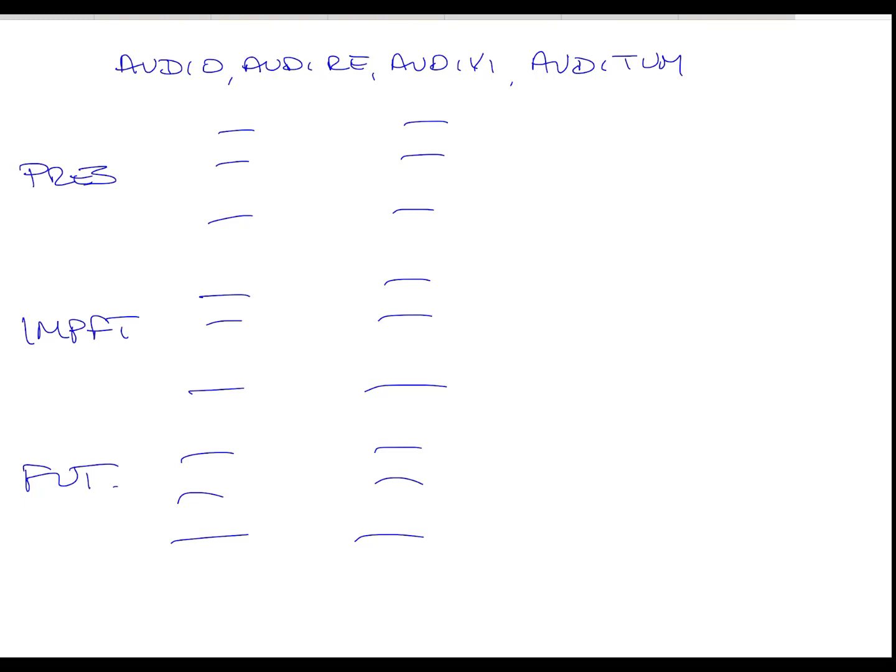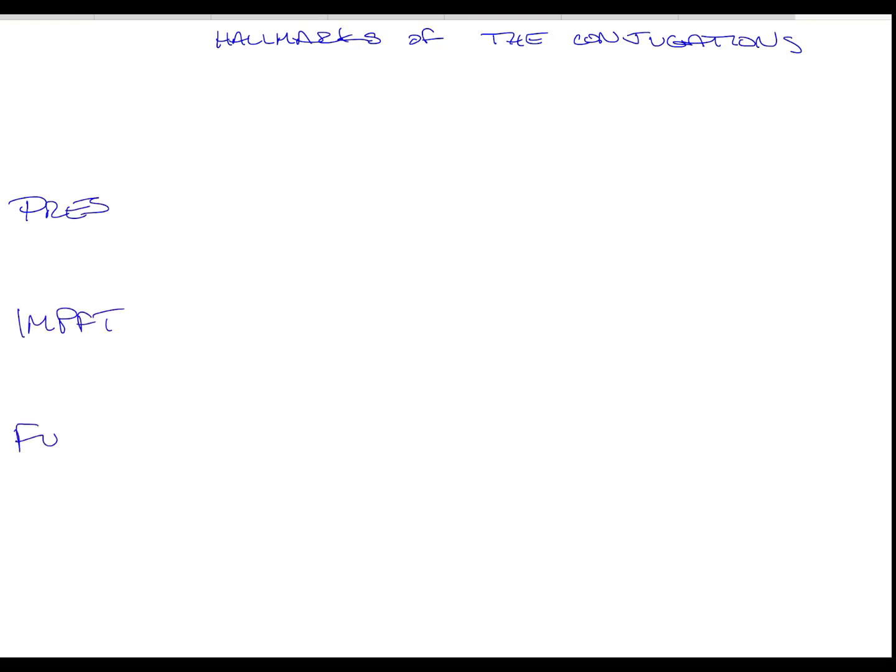Let me do one more thing then. I don't know what I've called this before, but it's a chart. The hallmark signs, hallmarks of the conjugations. So we have the present, the imperfect, and the future.